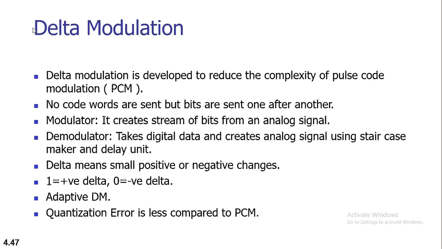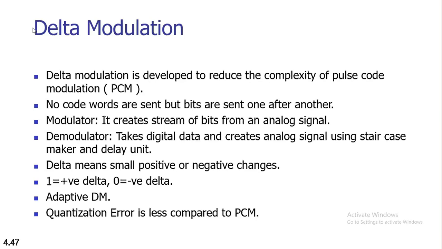So depending upon the input analog signal, there should be an adaptive DM where it creates a staircase signal that is dynamic in nature, where the staircase signal created by the modulator and the existing staircase signal are compared in such a way that the stream of bits generated out of the modulator is perfect.